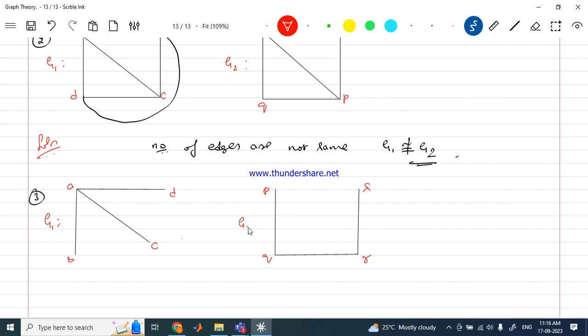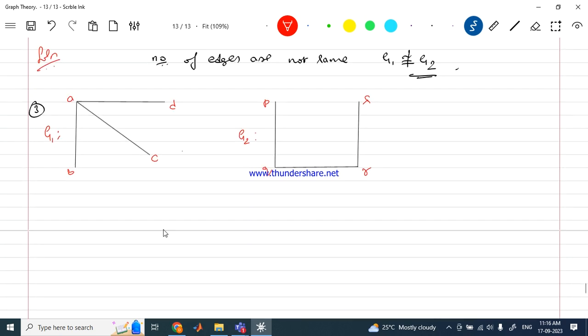This is G2. Are they the same? So what is the next question? We can note that there is the same number of vertices, 1, 2, 3, 4, 1, 2, 3, 4, and the same number of edges, 1, 2, 3, 1, 2, 3. But still they are not isomorphic. They are not carrying the same information. How will we decide that?